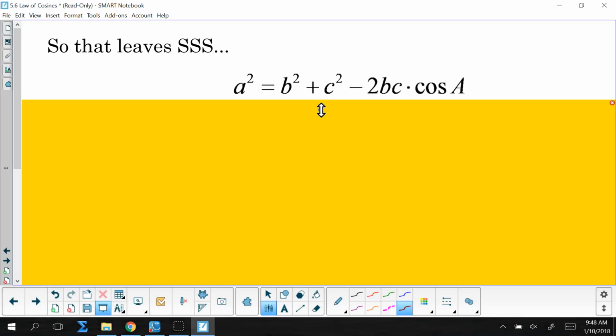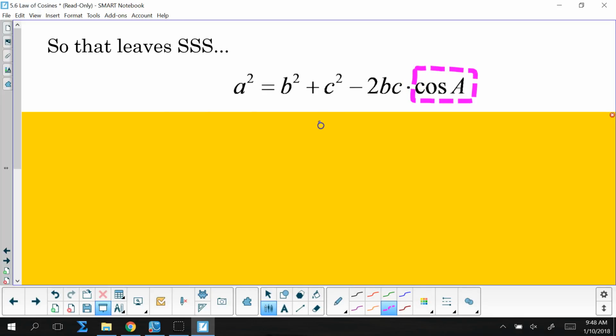The angle part is this part right here. This cosine of A part is what we need to find, basically. So how am I going to get cosine of A by itself? I want to solve this equation for cosine of A. What would you do first?